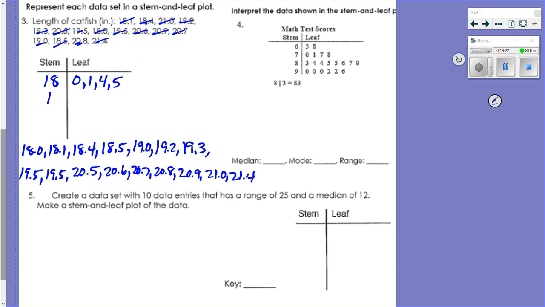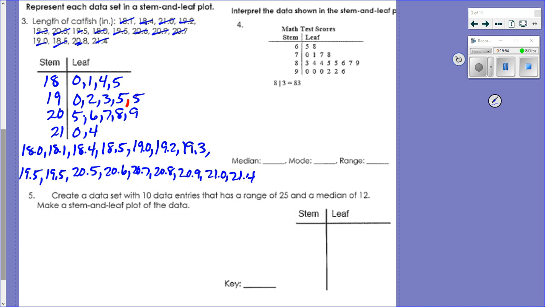Then I go to the 19s. For the 19s, I have a 19.0, 19.2, 19.3, 19.5, 19.5. Under the 20s, I have a 20.5, 20.6, 20.7, 20.8, 20.9. Under the 21s, I have a 21.0 and a 21.4.